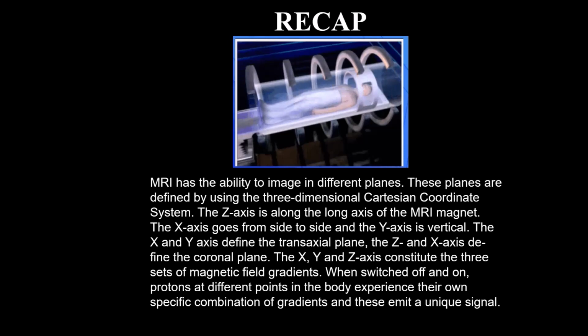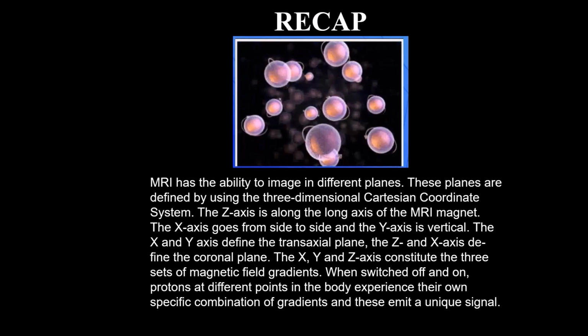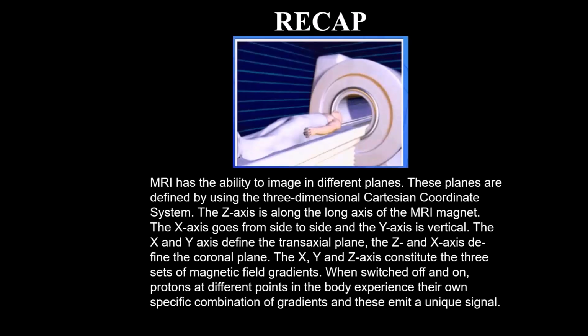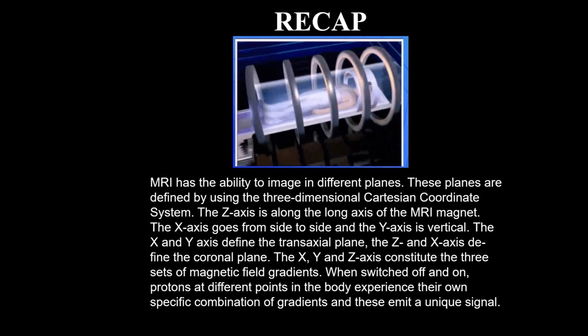So let's end this, and we'll end with a recap of the concepts that we presented. The MRI has the ability to image in different planes. These planes are defined by using the 3-dimensional Cartesian coordinate system that has axial, sagittal, and coronal, or X, Y, and Z planes.